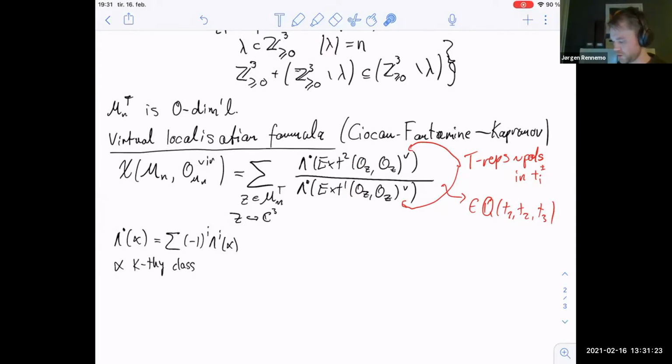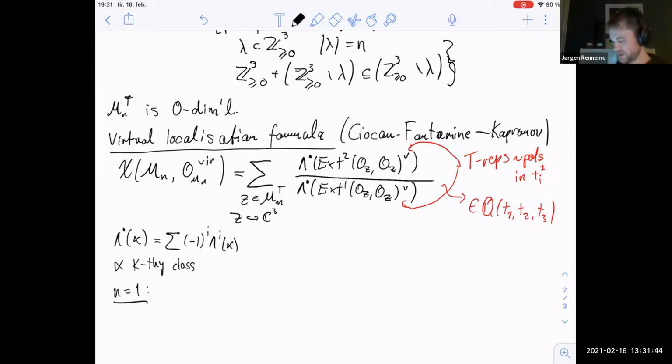You put the obstructions on top, in the numerator, and the tangent space in the denominator. Okay, and just to have this completely pinned down, so we know we're on the same page here.